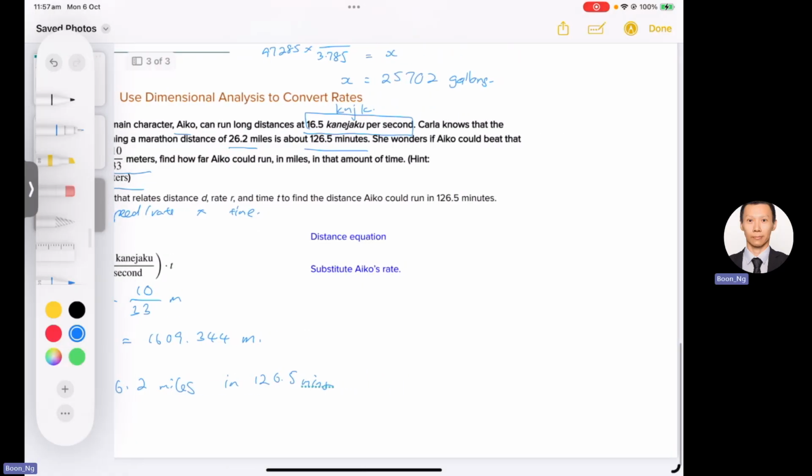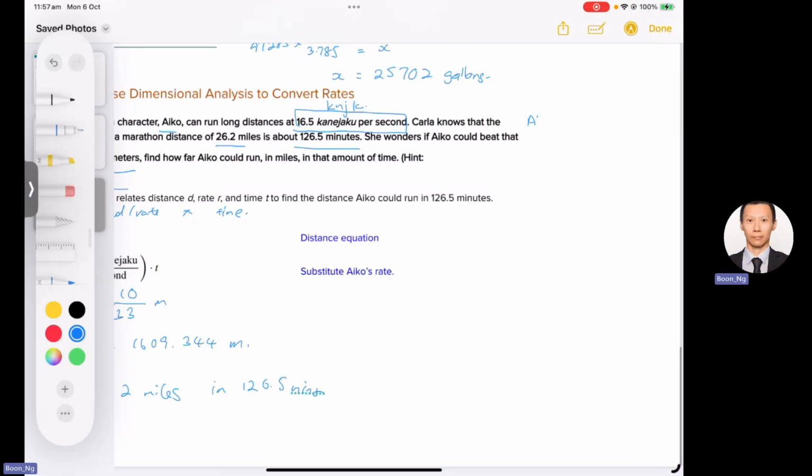So Aiko's rate is equal to 16.5 Kanijaku per second. We can rewrite it as 16.5 Kanijaku per 1 second.